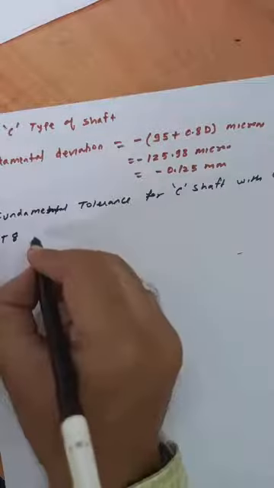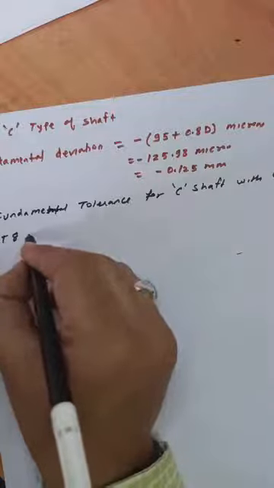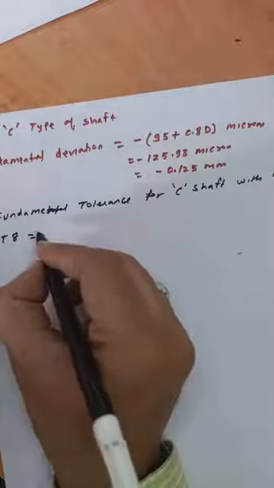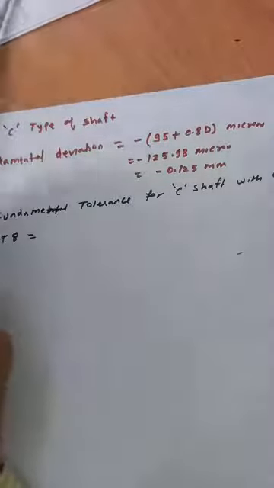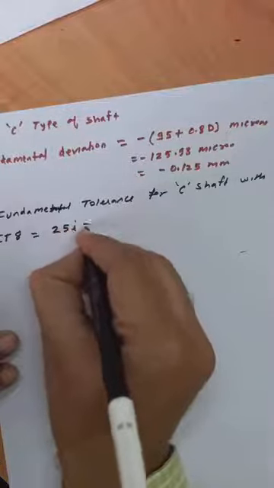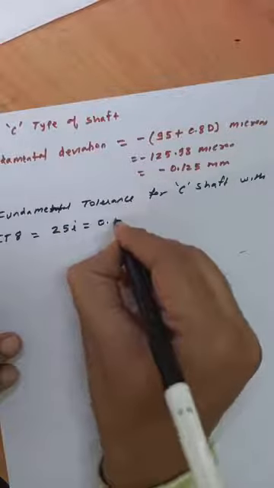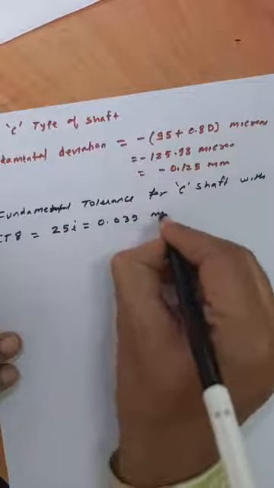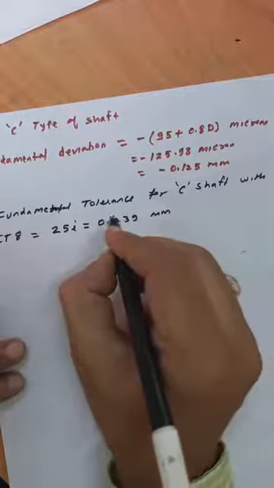C8 shaft is there, so IT grade 8, from this table IT8 is 25I, which comes to be 0.039 mm.